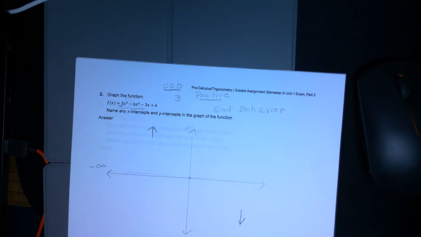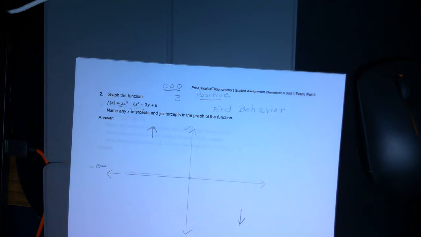I'm going to move over to the factoring calculator. I think you know how to do that, or you should get familiar with that. Let me go ahead and put that in and write our solution. 3x cubed minus 6x squared minus 3x plus 6.